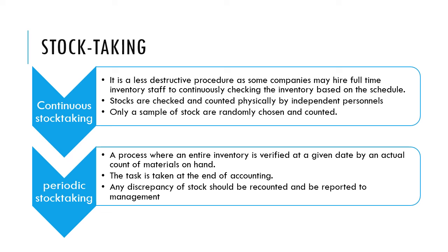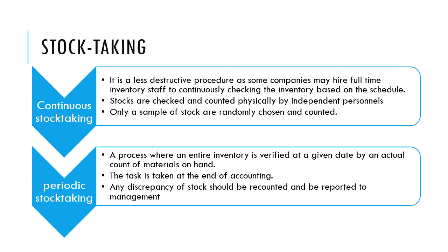Okay, as opposed to continuous, we have periodic stock taking. This is the process where the entire inventory is verified at a given date by an actual count of materials on hand. So at the end of the accounting period, an auditor will come to the company's warehouse and do an actual count of the whole inventory.